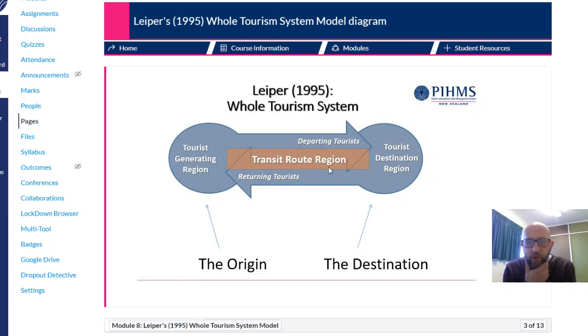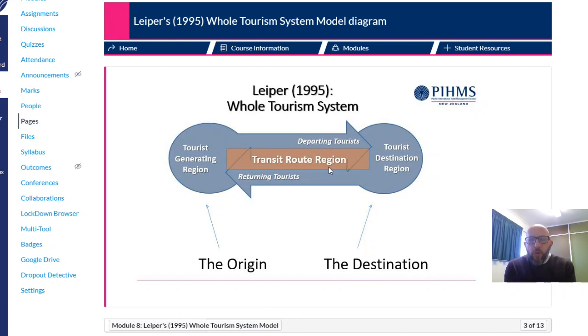There's an arrow going one way, saying the departing tourist, and an arrow going back the other way, saying the returning tourist. On the right-hand side, there is another circle that says the tourist destination region. Sometimes it's referred to as a TDR, but it's probably easier to call it the destination.